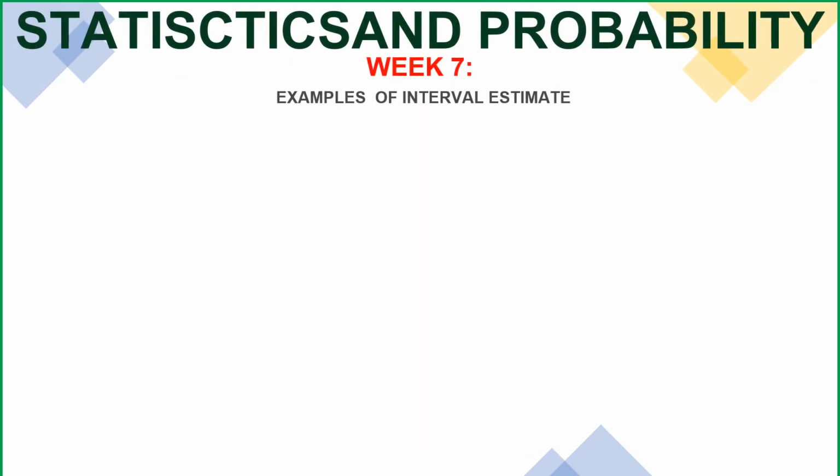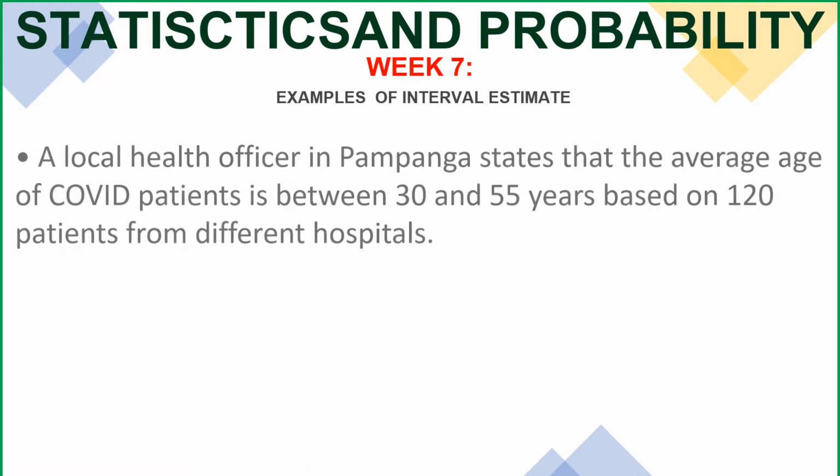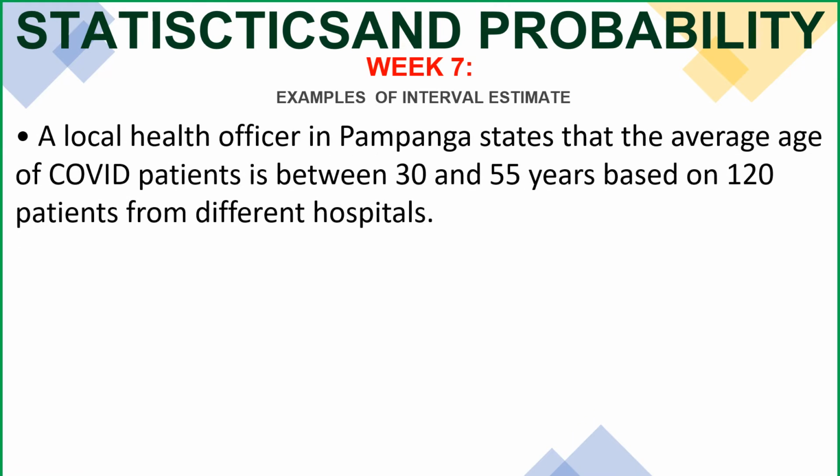To clarify what an interval estimate means, let me give you examples. The first one is, a local health officer in Pampanga states that the average age of COVID-19 patients is between 30 to 55 years, based on 120 patients from different hospitals.